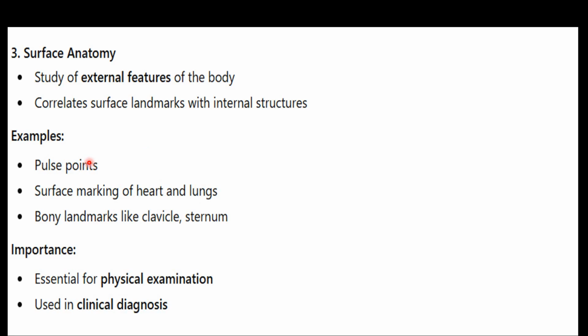These are all examples of surface anatomy. If we talk about the importance, it is essential for physical examination, and it is used in clinical diagnosis. Okay, so this is the third subdivision of gross anatomy, that is surface anatomy.